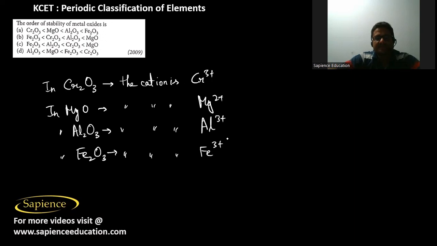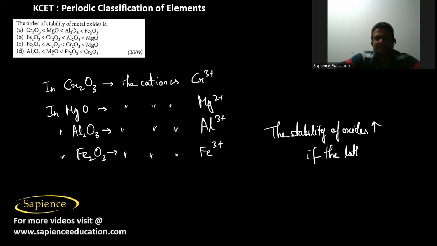Now here, as you know, the stability of the oxides will be higher if the lattice energy or the lattice enthalpy of the cations is higher.